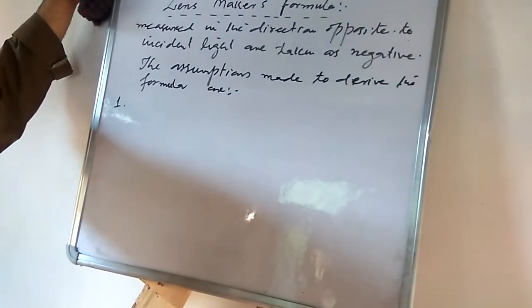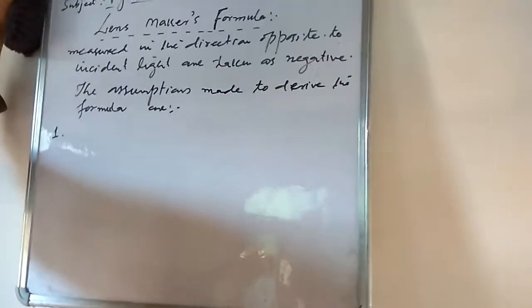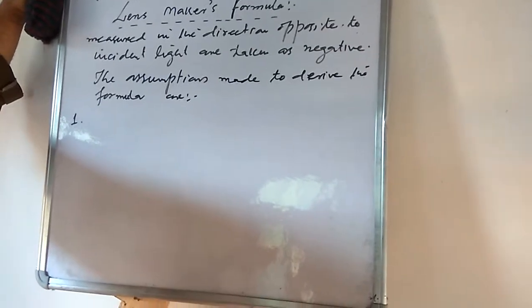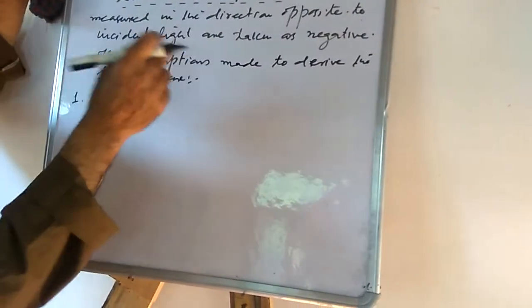Second, the aperture of the lens is small. Third, the object is a point object and lies on the principal axis. And the fourth, the angles made by the incident ray and the refracted ray with the principal axis are small. These are the assumptions while deriving the Lens Maker's formula.